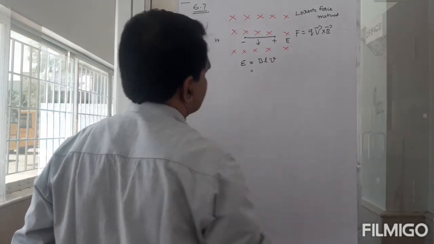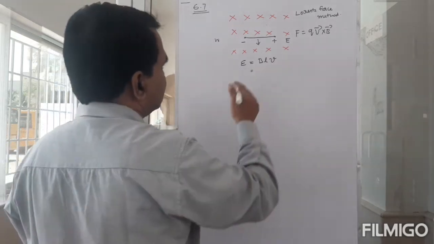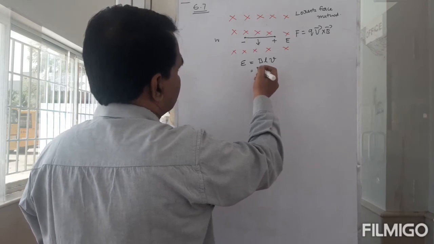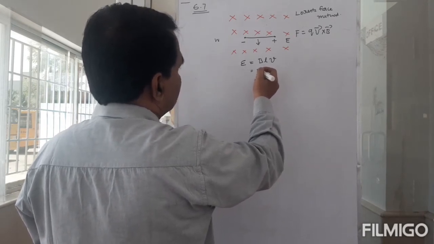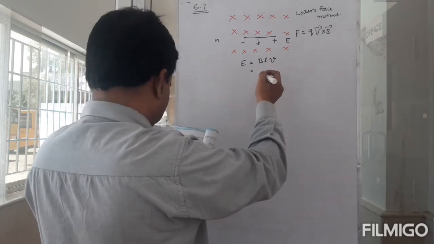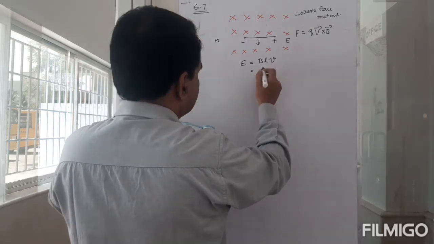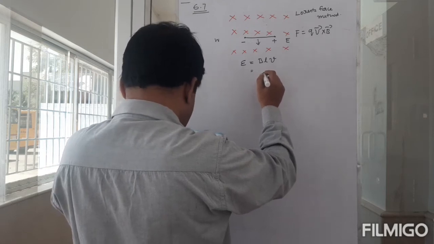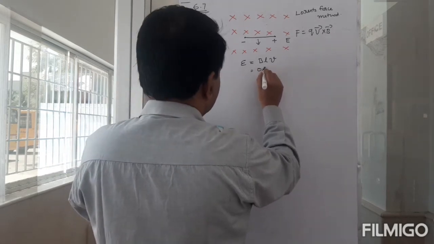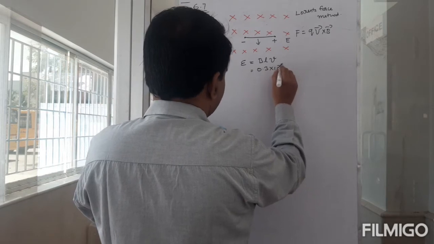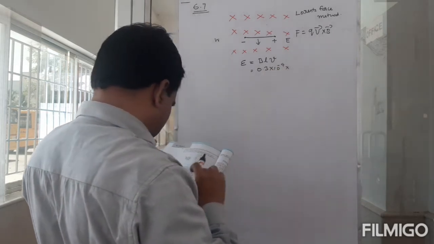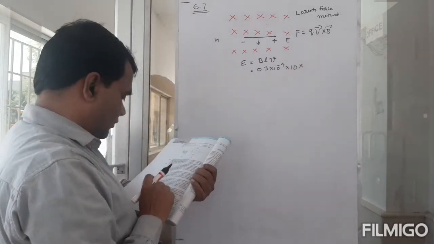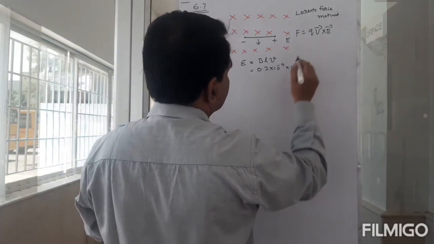So this can be taken to be, B is 0.3 into 10 power minus 4, and then length is 10 meters and velocity is 5 meters per second.